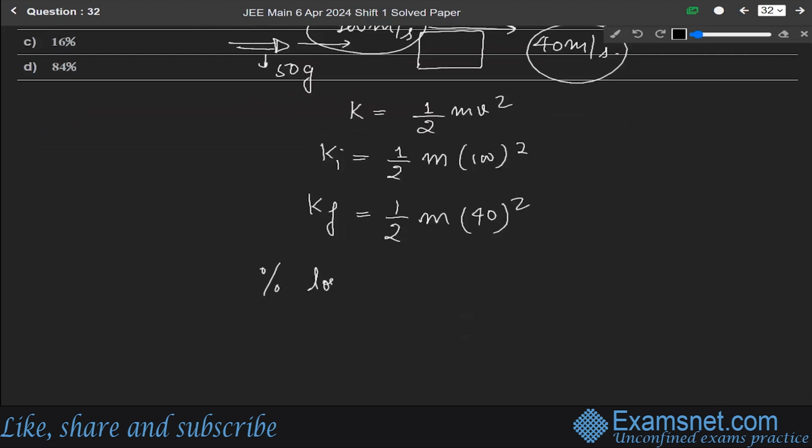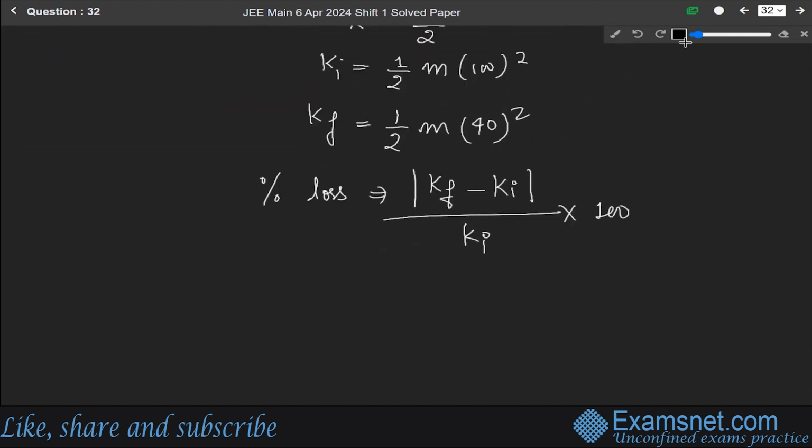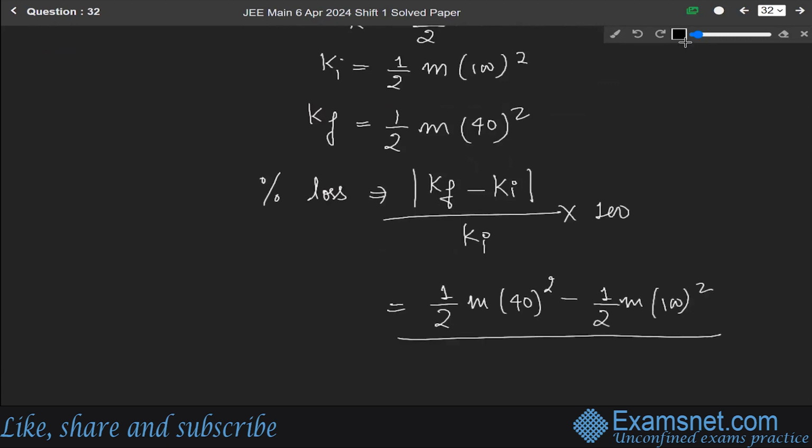Percentage loss in the kinetic energy will be equal to final kinetic energy minus initial kinetic energy over initial kinetic energy into 100. So just put the values: half m 40 square minus half m 100 square over half m 100 square into 100.